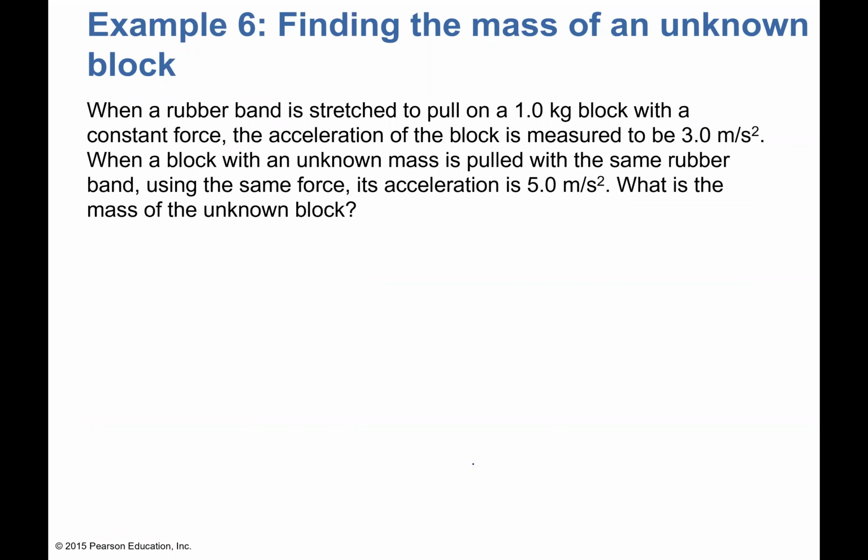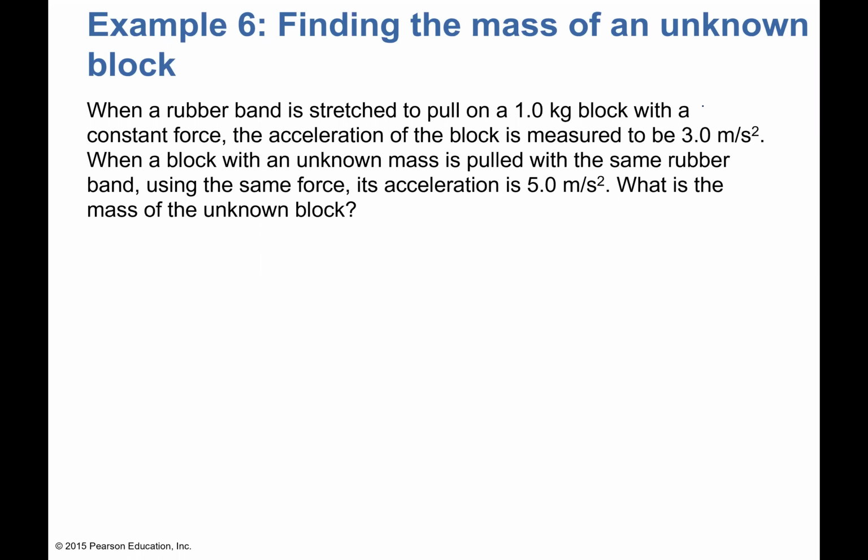Here's another example. This example goes like this. When a rubber band is stretched to pull on a 1 kilogram block with a constant force, the acceleration of the block is measured to be 3 meters per second squared. When a block with an unknown mass is pulled with the same rubber band using the same force, its acceleration is 5 meters per second squared.